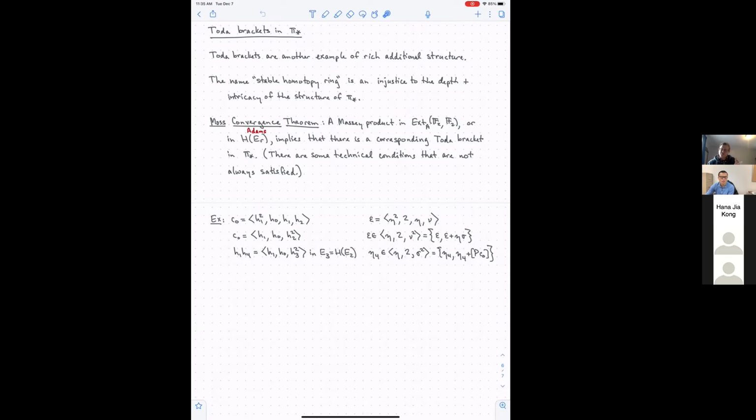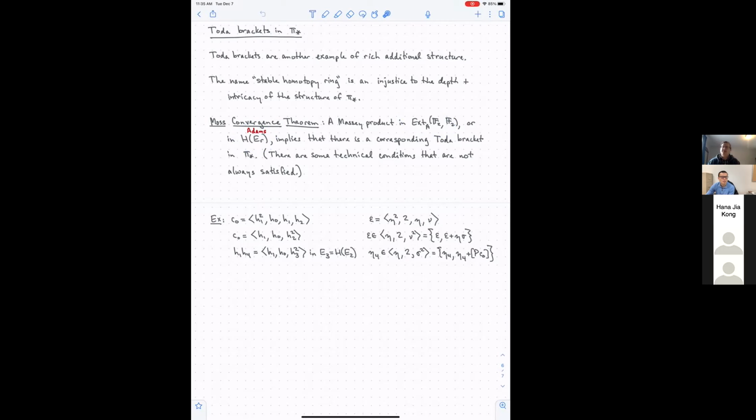Okay, so there are really two parts to the Moss convergence theorem, and they're different, and their proofs are different. One says Massey products in Ext. The other part of the Moss convergence theorem is about Massey products in H of E_r. So remember how this goes. The E2 page is Ext, it has Massey products. The E3 page is the homology of E2. E3 is the homology of a differential graded algebra.